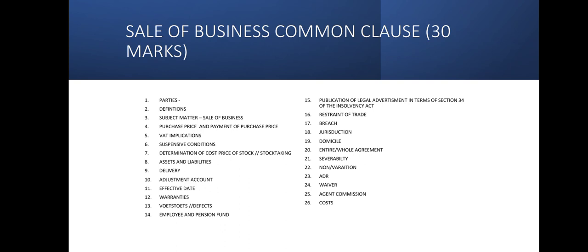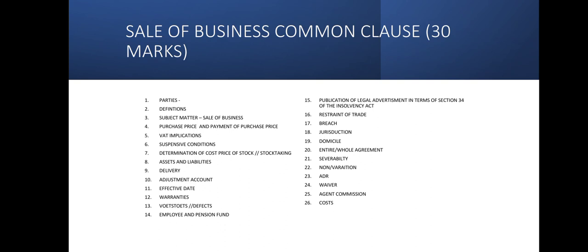So it's very important to know that common clause, Voetstoots, which relates to fixed assets being sold voetstoots, and the seller is not liable for any defects in the assets, latent or otherwise. So just know, it came up in the previous board exam, and I'm sure it will come up again. Then a clause on employees and the pension fund. So depending on the scope of what's given to you in the board exam, you would be able to describe that sale of business agreement clause.